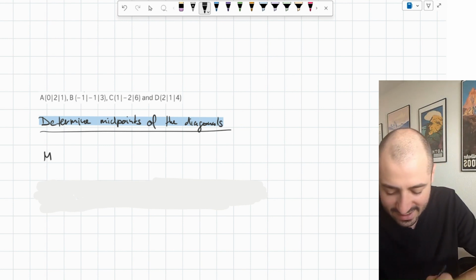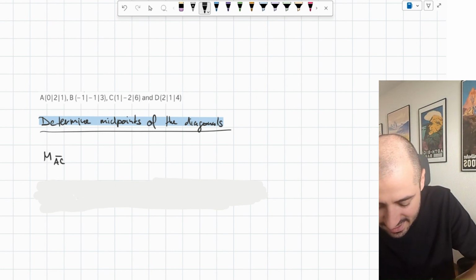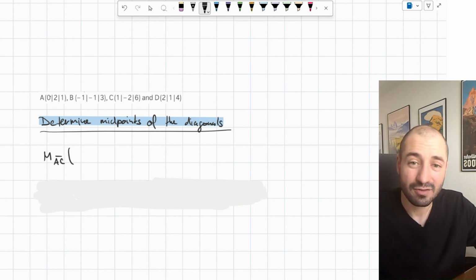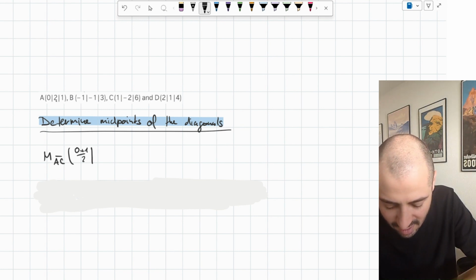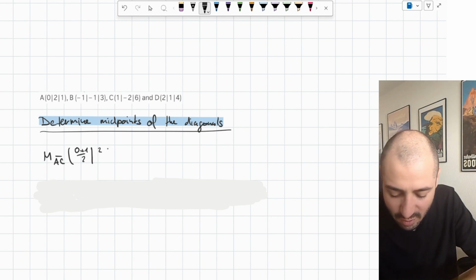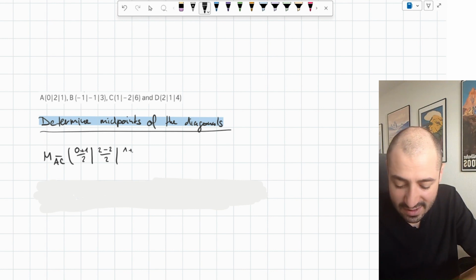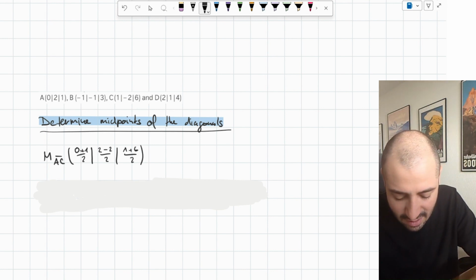Let's call this AC, and we have the midpoint formula for that. So it's just the average of the x-coordinates, so 0 plus 1 divided by 2, then the average of the y-coordinates, 2 plus minus 2 divided by 2, and for the z-coordinate it's 1 plus 6 divided by 2.